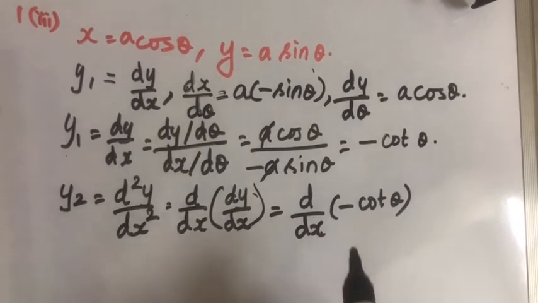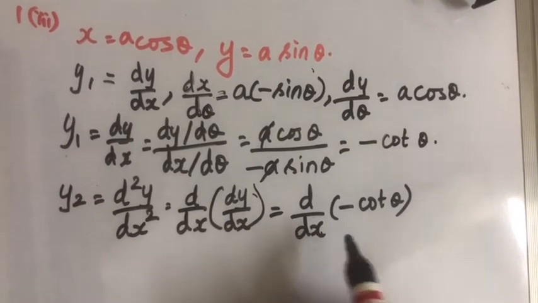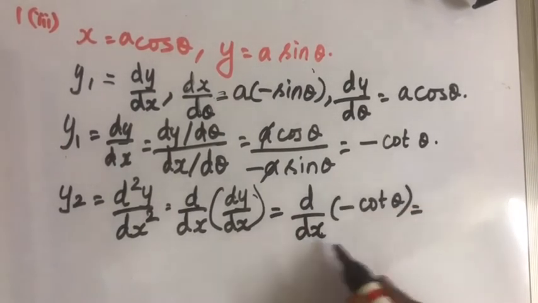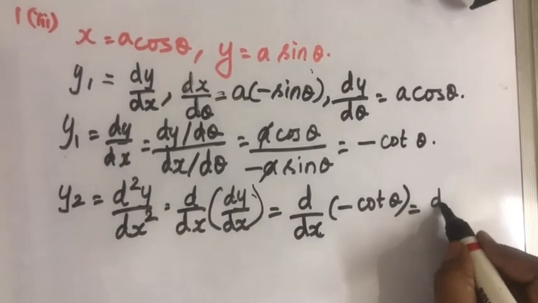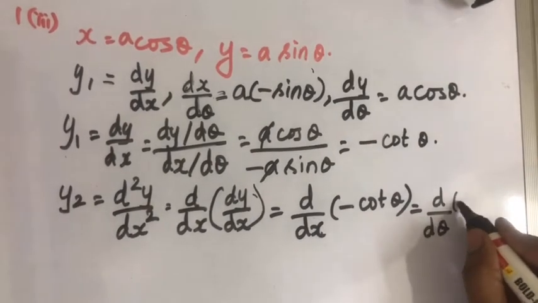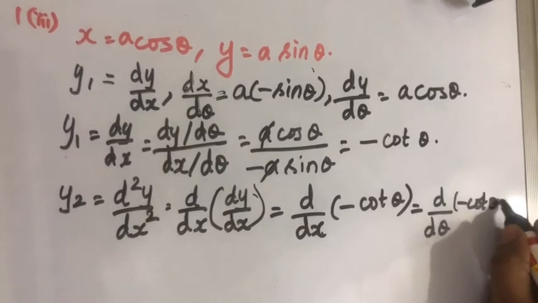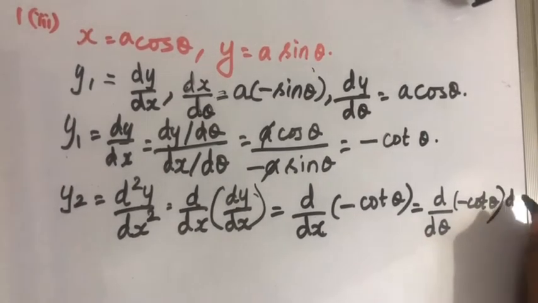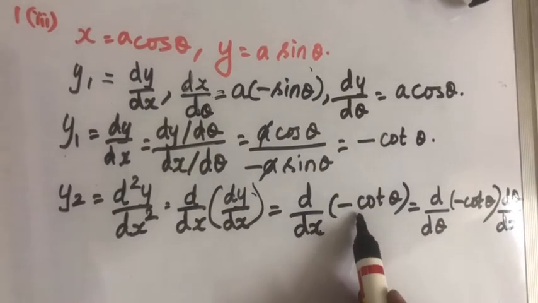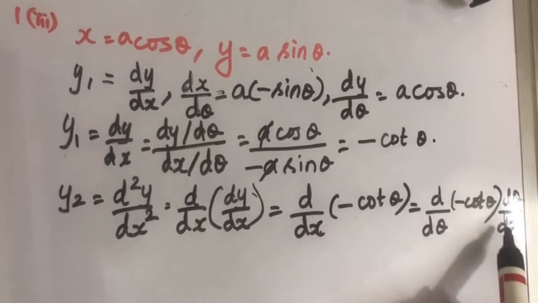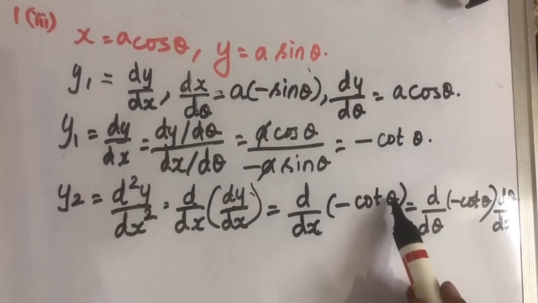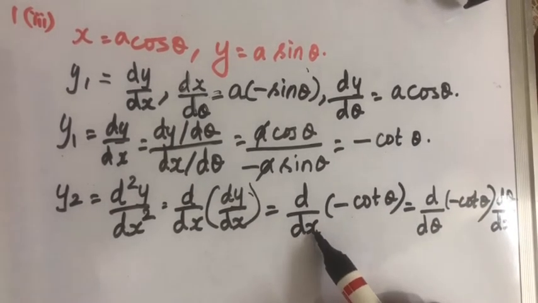So I alter this function, listen carefully, as d by d theta of minus cot theta into d theta by dx. I have d by dx of minus cot theta. Here also I have d by dx. But here theta is there, so I can differentiate it with respect to theta only, not with x.